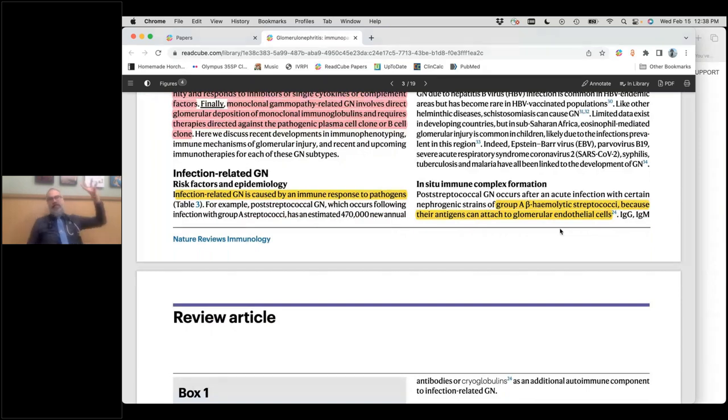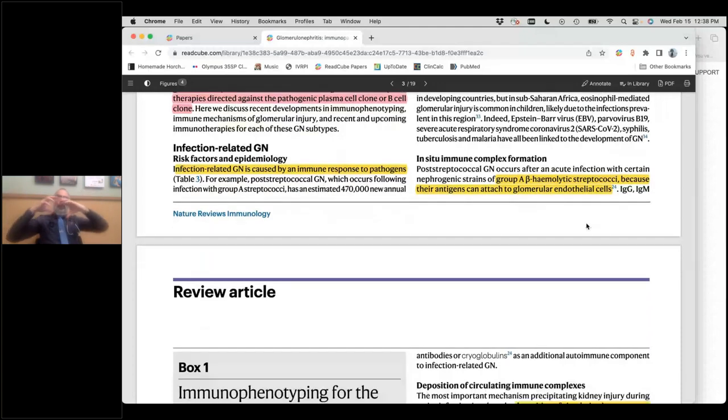So you'll have the antigen that gets trapped there, and then you'll have the antibodies that will form around that trapped antigen. So it's not the circulating antigen antibody complex that gets stuck in the glomerulus, it's the antigen that gets stuck, and then in situ formation of complexes around it, which is just kind of an interesting thing that we can see with that.